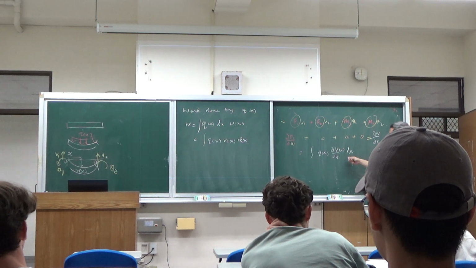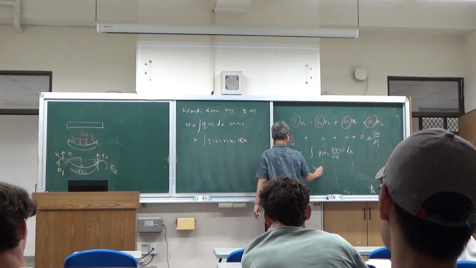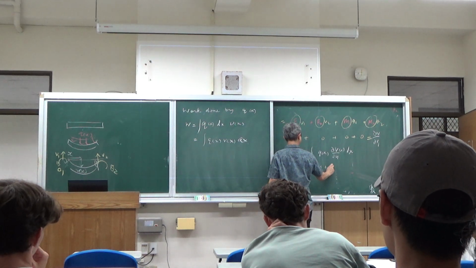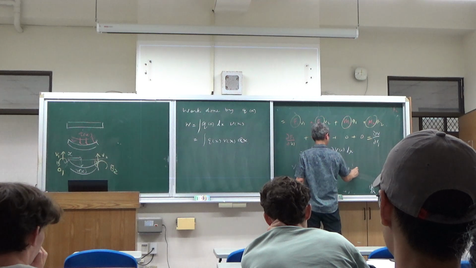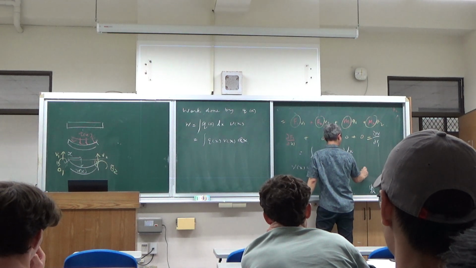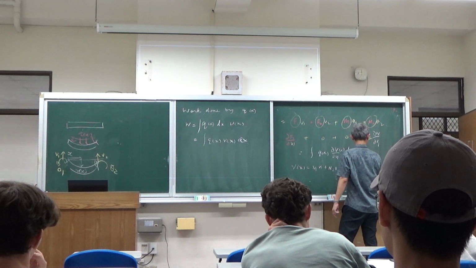Okay, remember what your Vx is? Your Vx is shape function 1 times V1, plus shape function 2 times beta 1, plus shape function 3 times V2, plus shape function 4 times beta 2.